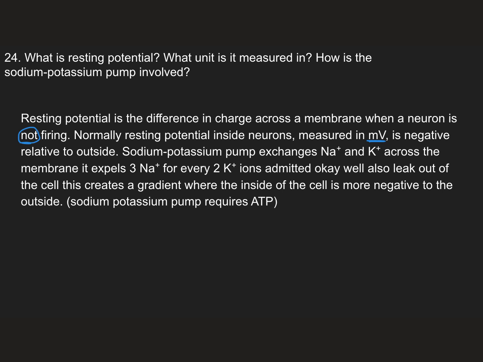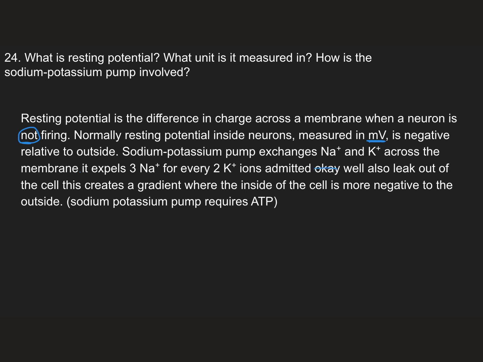The sodium-potassium pump exchanges sodium and potassium across the membrane. It expels 3 sodium for every 2 potassium ions that are admitted, and K plus will also leak out of the cell.